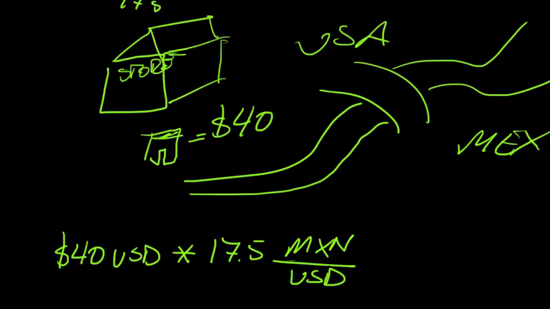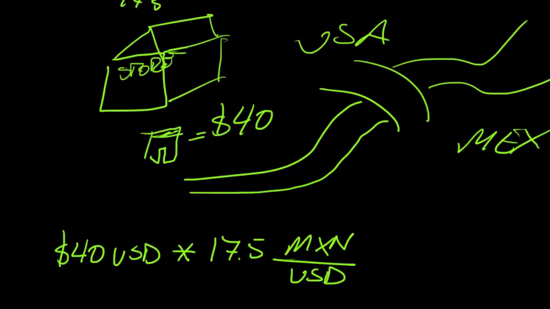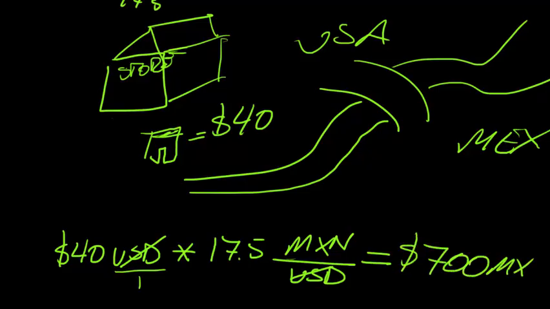If you think about this kind of like a physics equation, you can say this is USD over 1, and this USD is going to cross out this USD, which is why I do the Mexican pesos over the USD, and then just multiply across. 17.5 times $40 is equal to 700 MXN.